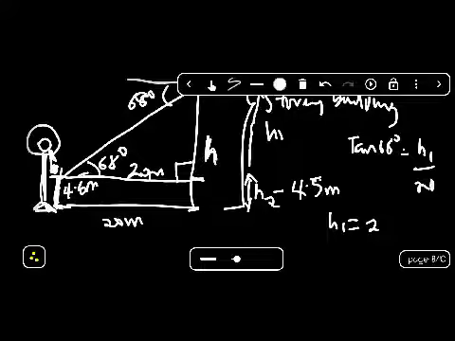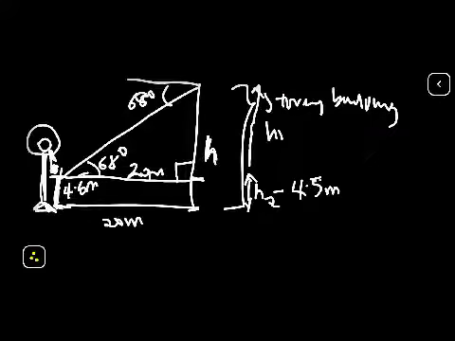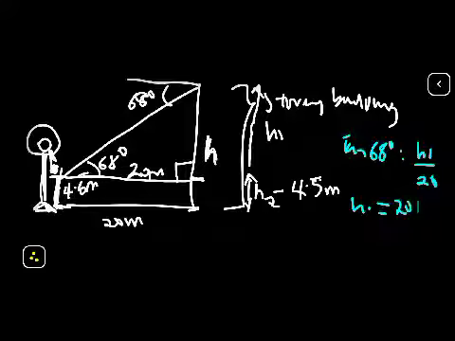20. Let me use a different color. This is looking less visible. So we had tan theta, okay, tan 68 degrees equal to h1 over 20. So if you cross multiply, h1 is going to give you 20 tan 68.